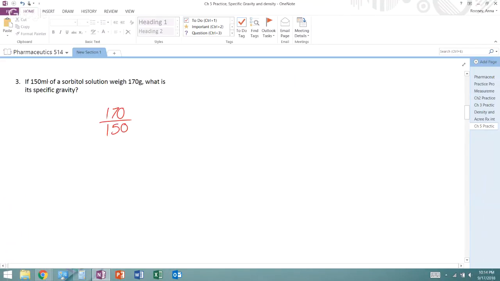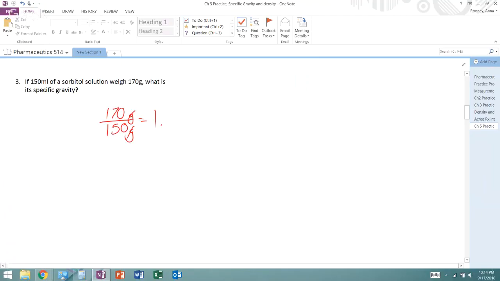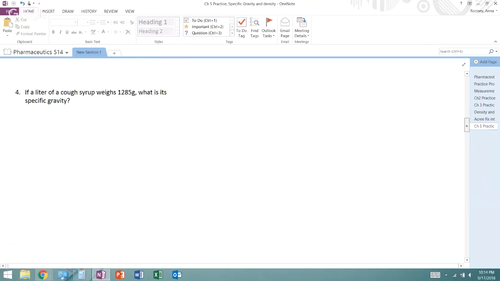And because 150 mLs of water would equal 150 grams, these can both be grams, and then they cancel out, and that gives you your specific gravity. And specific gravity does not have a unit.